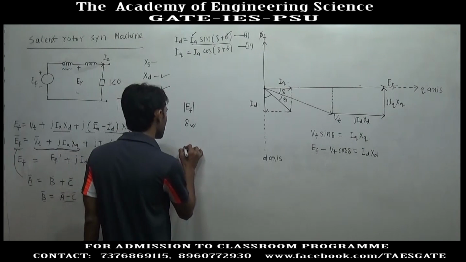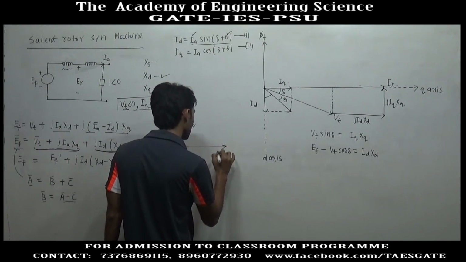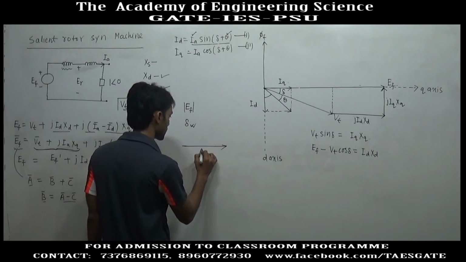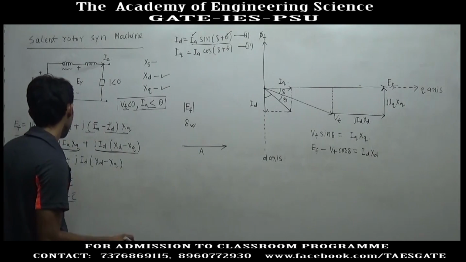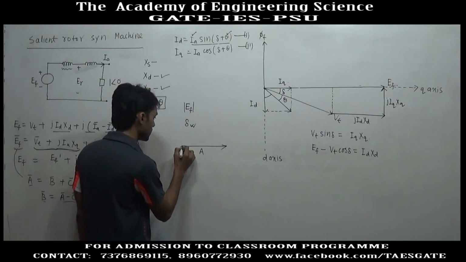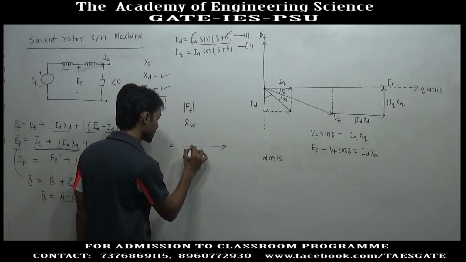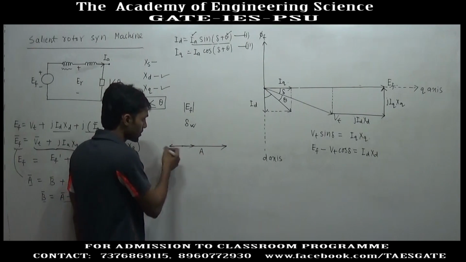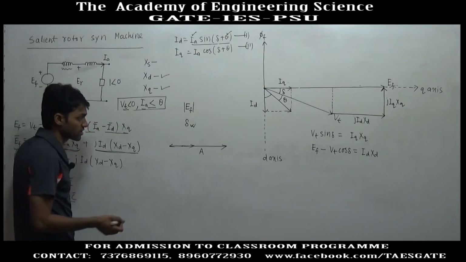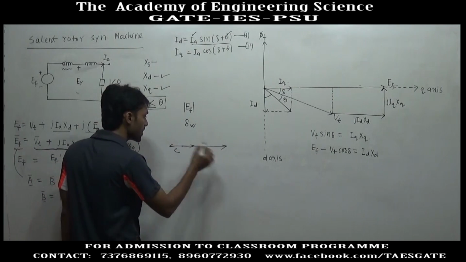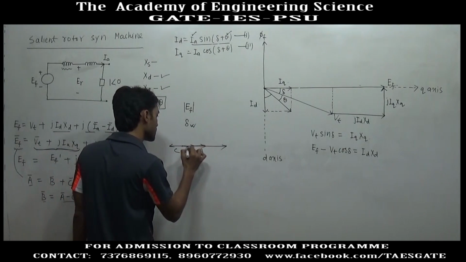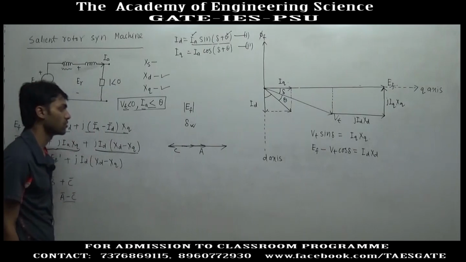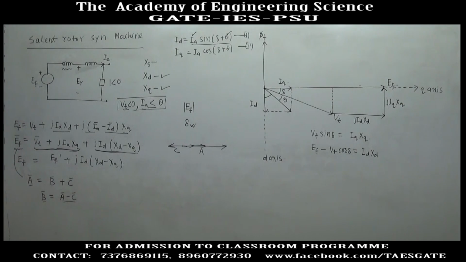Suppose this is A vector and C is collinear with A, so C will be either in this direction or in this direction. If you take the vector summation or subtraction of A and C, you will again get a vector either in this direction or in this direction, depending upon which has greater magnitude.